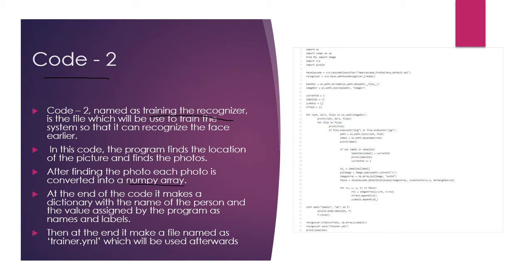At the end of the code, it makes a dictionary with the name of the person and the value which will be assigned by the program as names and labels. Then it will make a file named trainer.yml, which will be used in the third code.